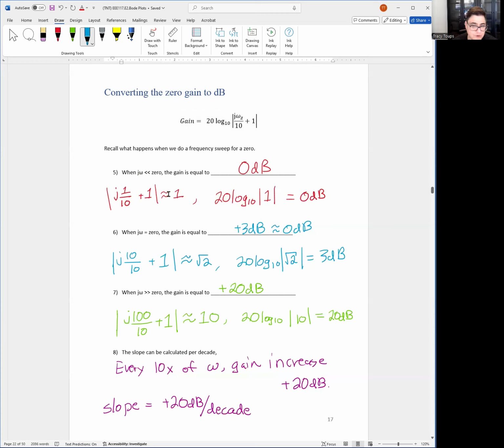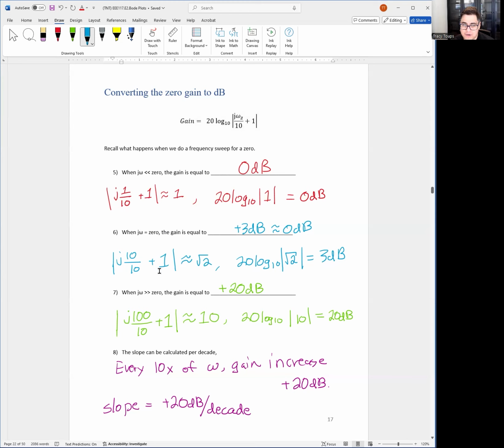Take the magnitude, that's roughly equal to 1, and we know 20 log base 10 of 1 is equal to 0 dB. So what this shows us is that as we do a frequency sweep, until we get to the actual frequency where the zero is, there's no change in the gain. It's flat at 0 dB.